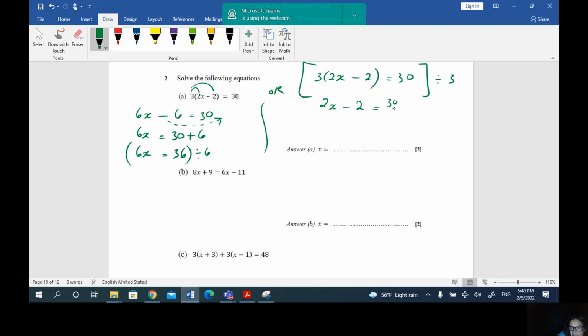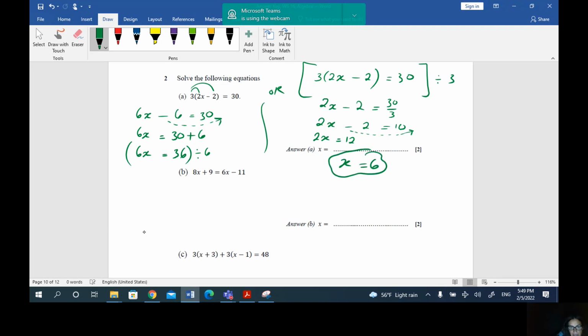So here it will be 30 over 3. So 2x minus 2 is equal to 10. And then plus 2 plus 2. So this will be sent here. So it will be 2x is equal to 12 and x is equal to 6 again.